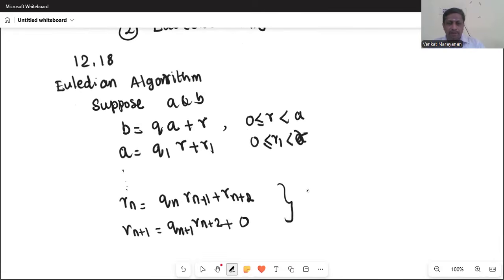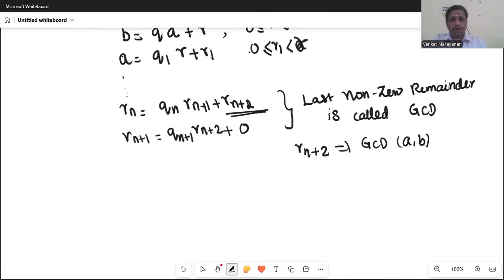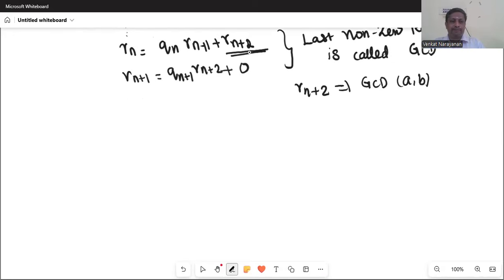Then the last non-zero remainder is called the GCD. This means R(n+2) is the GCD of A and B. Now we can apply the same concept to the problem 12 and 18.